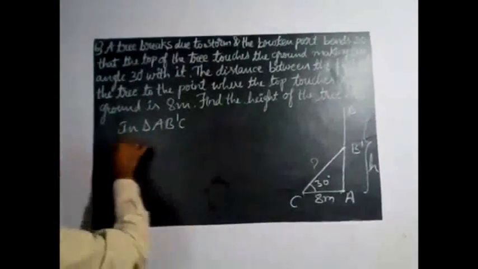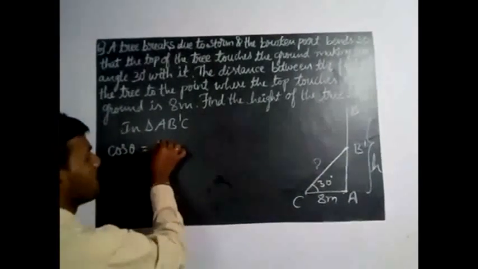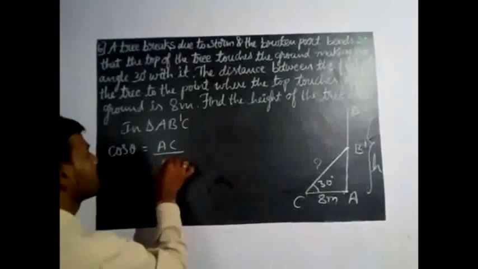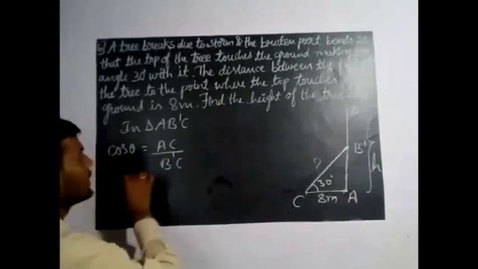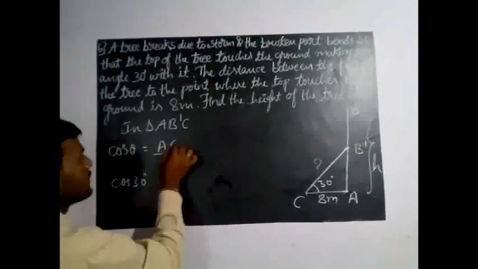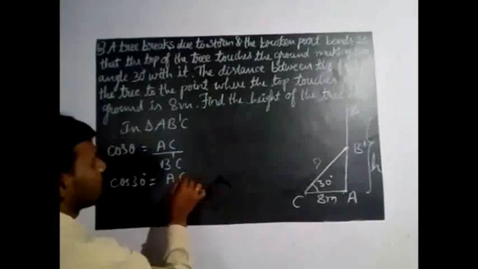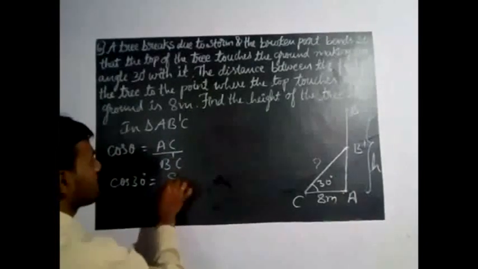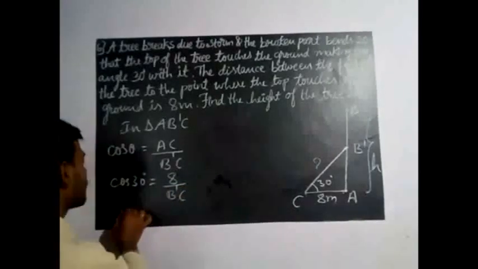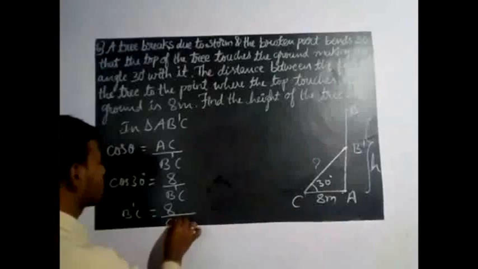Cos theta is equal to adjacent by hypotenuse, that is AC by B dash C. Cos 30 degrees is equal to AC, that is 8, by B dash C. Now B dash C is equal to 8 by cos 30.